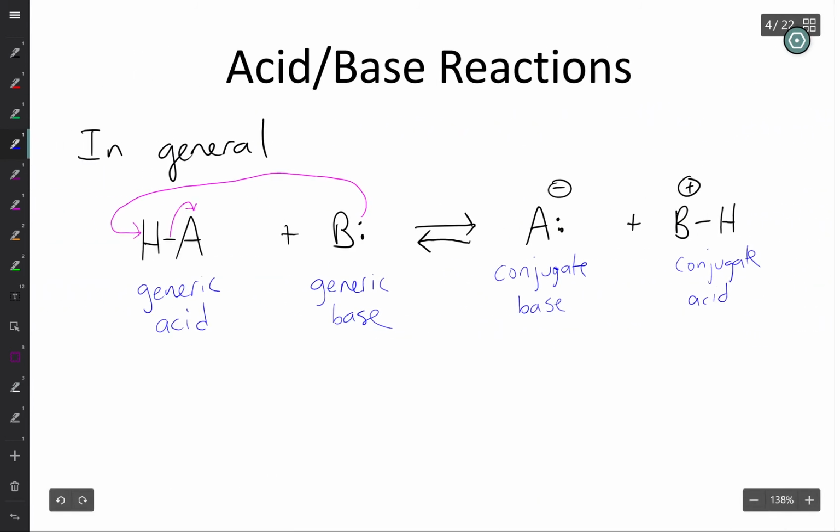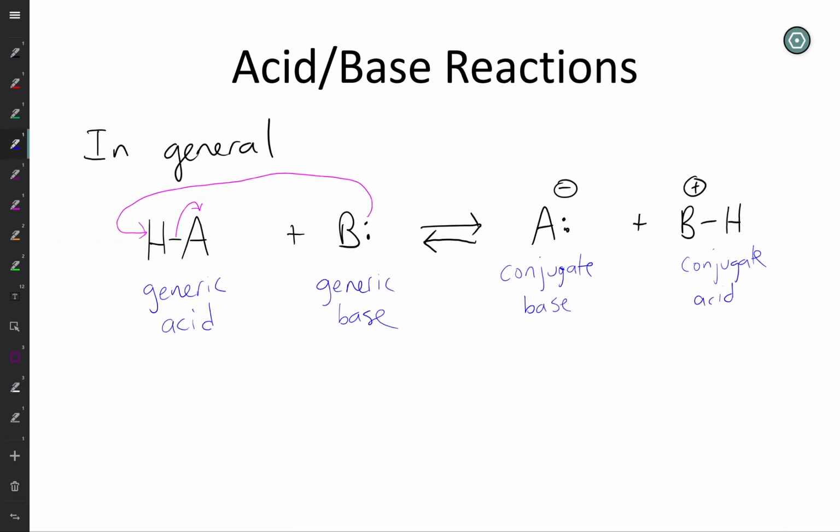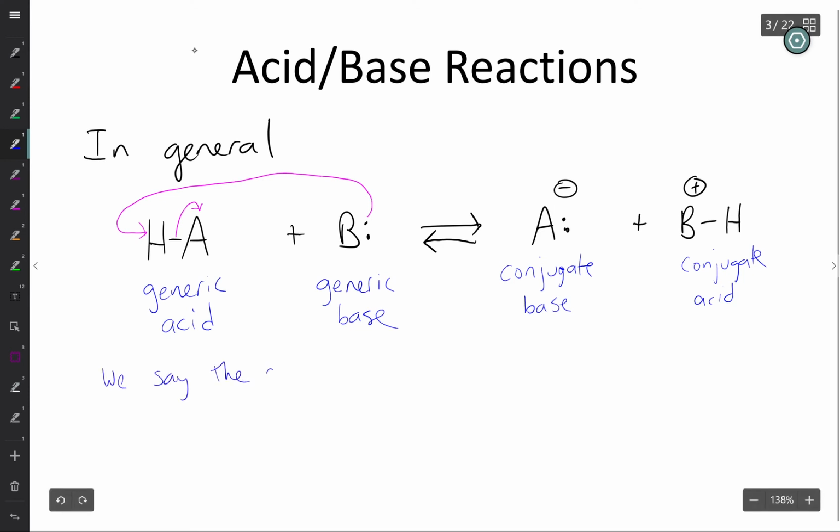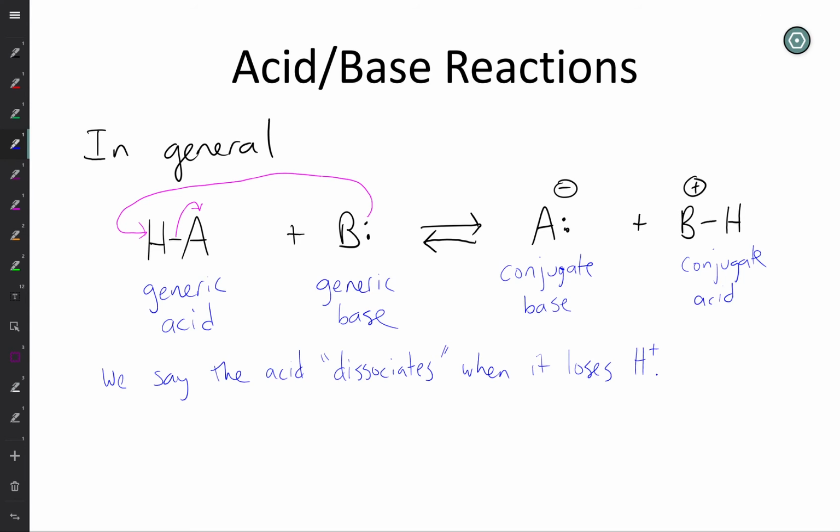So when we say the acid gives up H plus, we say it dissociates because the H plus and the A minus are separating. So that word is dissociation. For a stronger acid, a greater percentage of the molecules will dissociate. For a weaker acid, a smaller percentage dissociates.